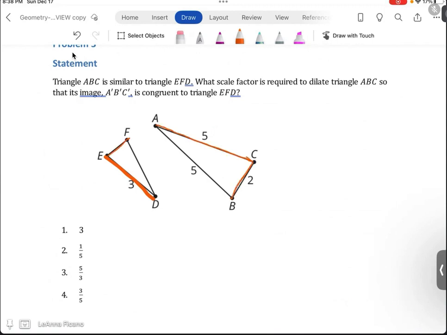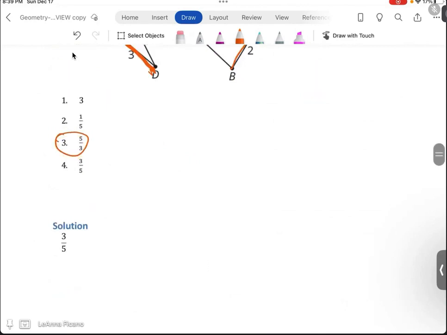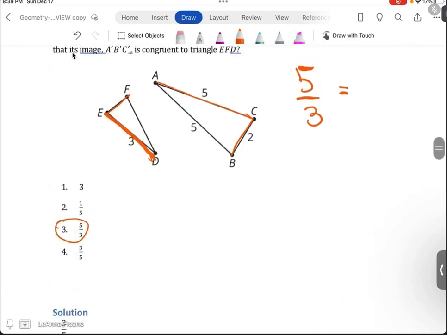So we have 5 over 3 is proportional to x over 2, right? 5 over 3 is going to be our scale factor. Oh no, I'm so wrong. Not 5 over 3. Why is it not 5 over 3?